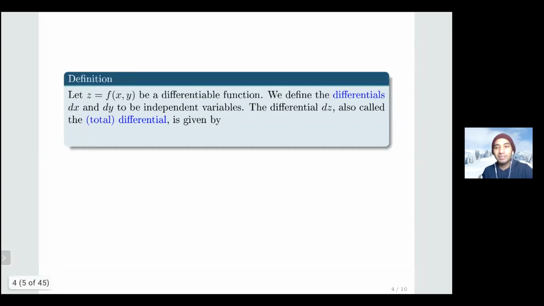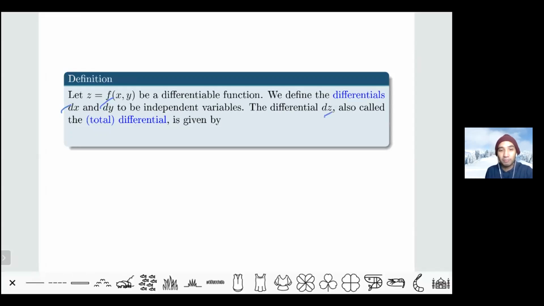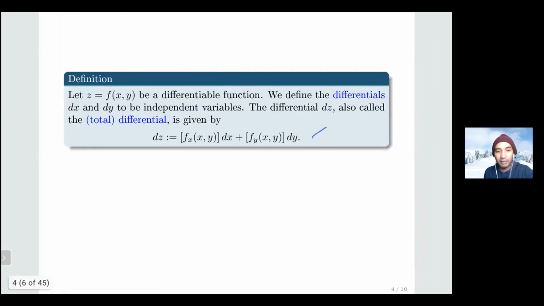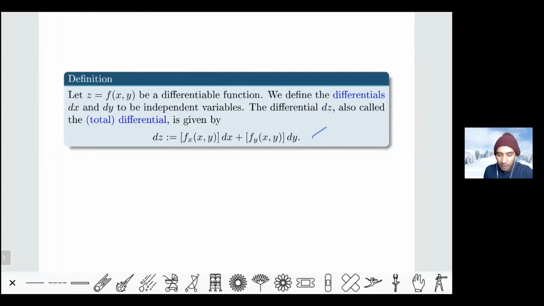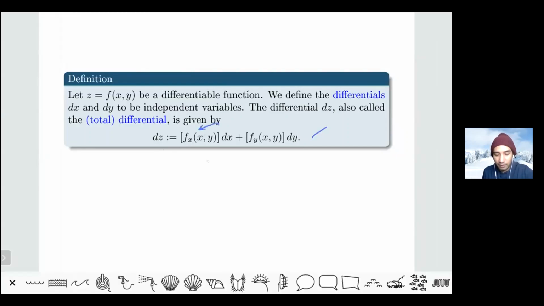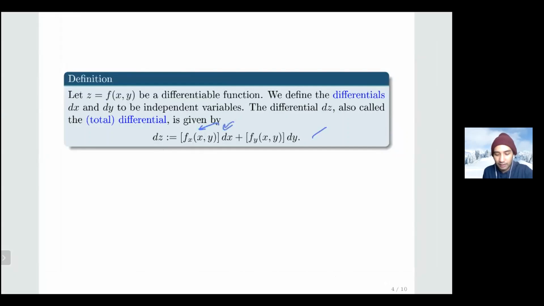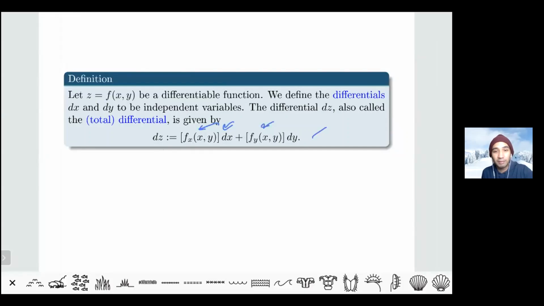So, ganun din yung sa function natin of two variables, f of x, y. We can define additional independent variables, yung dx natin, tsaka dy. And yung dz, that's going to be a dependent variable. Kino-compute lang yan. And the formula is given by this. So, dz is the partial derivative of f with respect to x times dx plus the partial derivative of f with respect to y times dy.